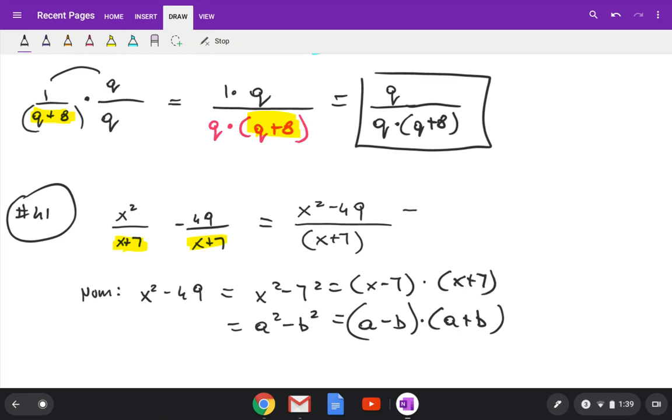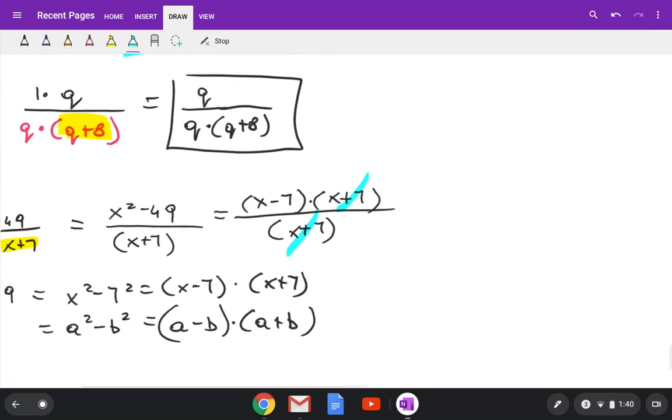So I factor the numerator and rewrite it as x minus 7 times x plus 7, and on the bottom you have x plus 7. Look what happened: x plus 7 repeats, so we cancel, and that gives us x minus 7. The final solution you should put on the test is x minus 7.